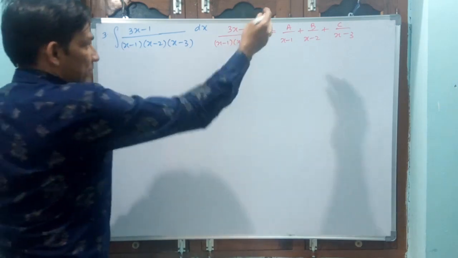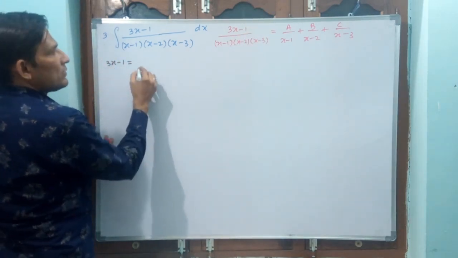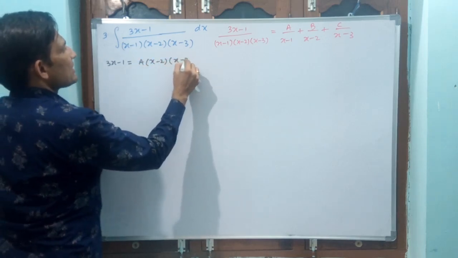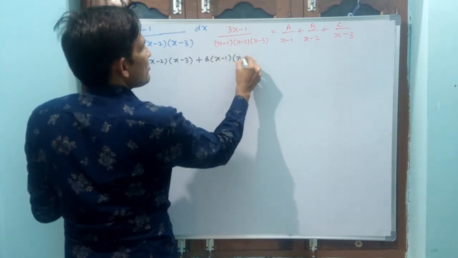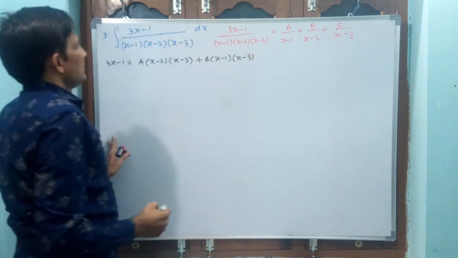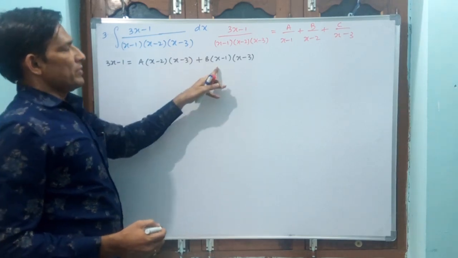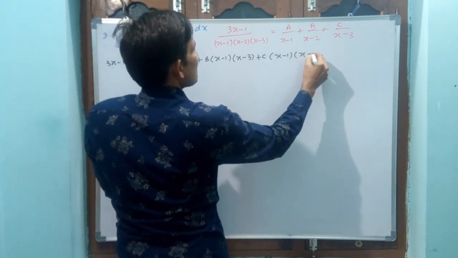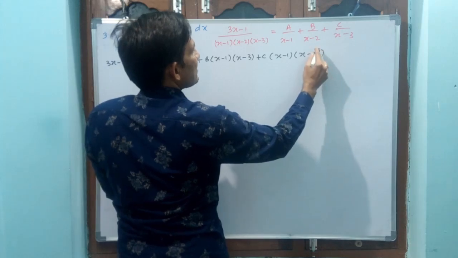Okay, see how I am doing. 3x minus 1 is equal to a into x minus 2 into x minus 3 plus b into x minus 1 into x minus 3. Here x minus 2 will not come, plus c into x minus 1 into x minus 2. Here x minus 3 will not come because already available.